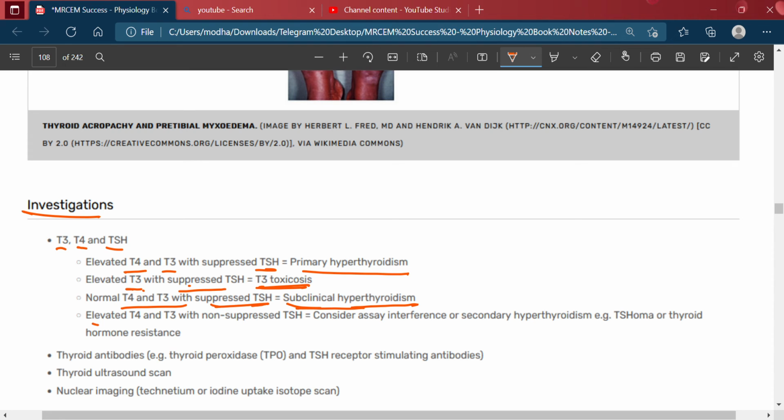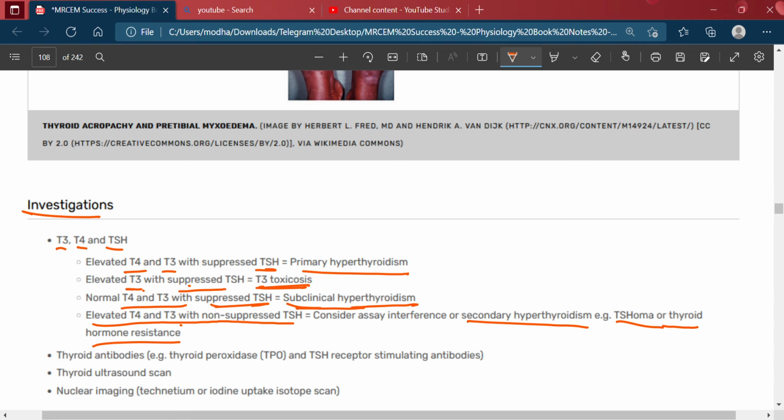Elevated T4 and T3 with non-suppressed TSH, meaning T3 and T4 are elevated and TSH is also elevated, is considered interference or secondary hyperthyroidism, that is TSH-oma or thyroid hormone resistance.